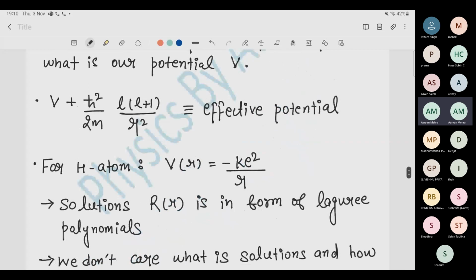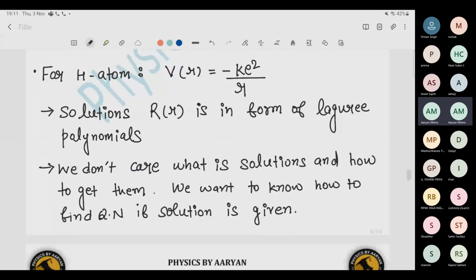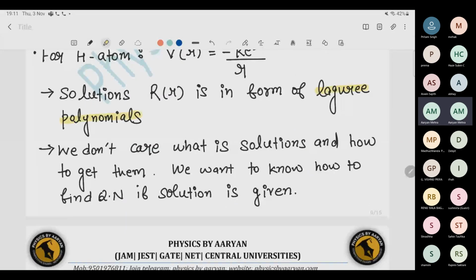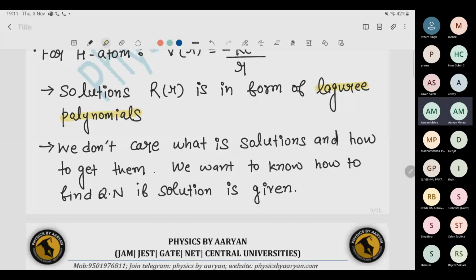If you put that in your radial equation and find the solution, then your solutions come in terms of Laguerre polynomials. No need to worry about what Laguerre polynomials are. You only need to know that the equation becomes something which can only be solved in terms of special functions.